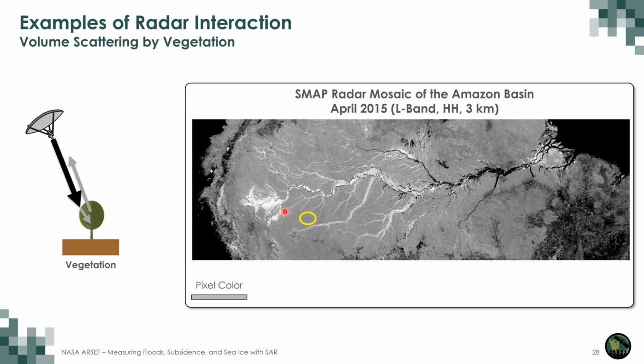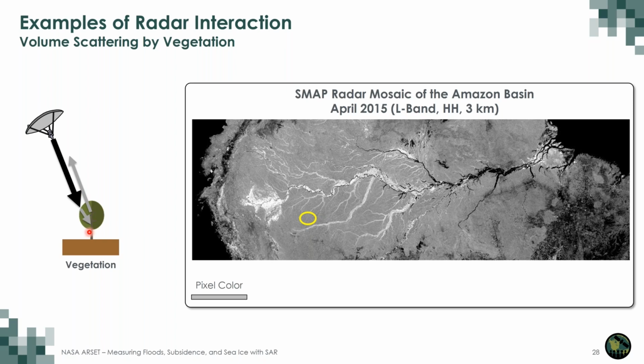We see other intermediary gray surfaces here. These are vegetation surfaces. So here signal comes down, it penetrates into the tree cover. There are many bounces that are happening here, and then signal comes back to the radar. How bright these vegetation patterns look depends on the amount of structure of the tree canopy.